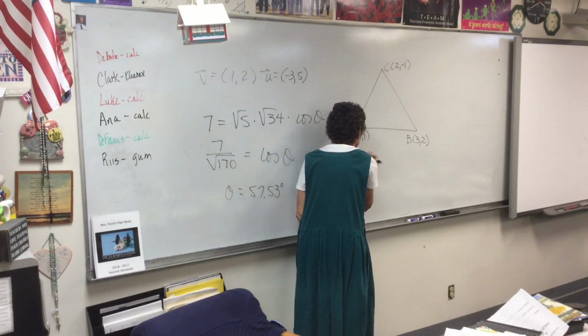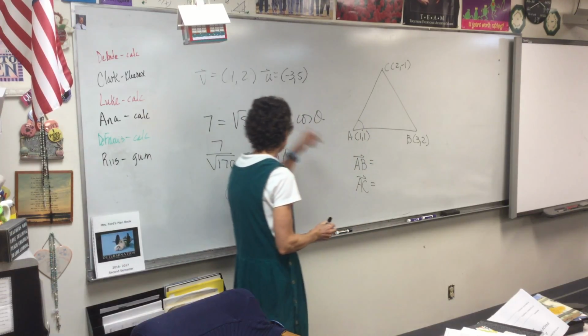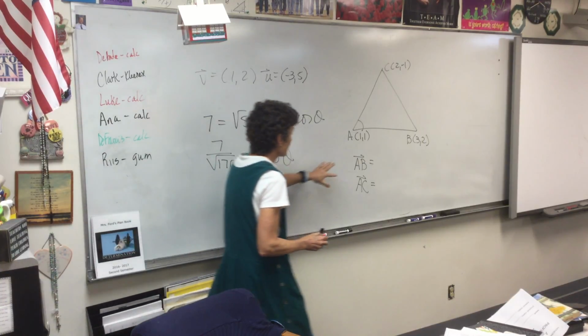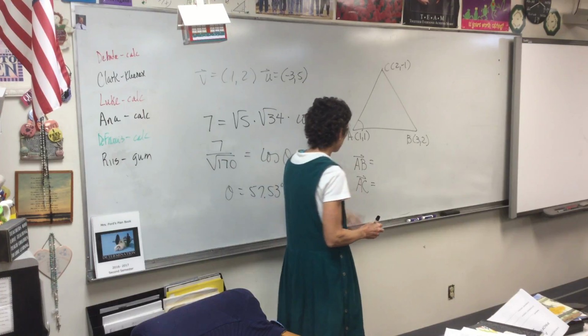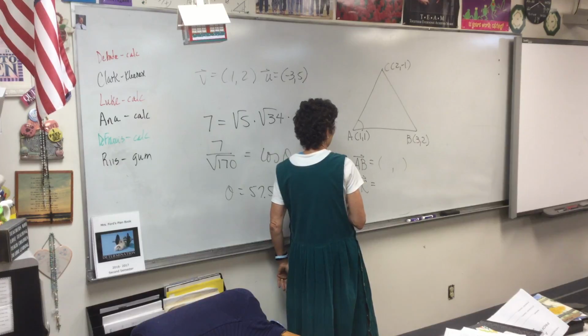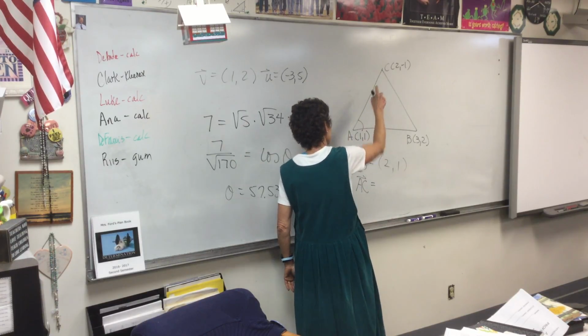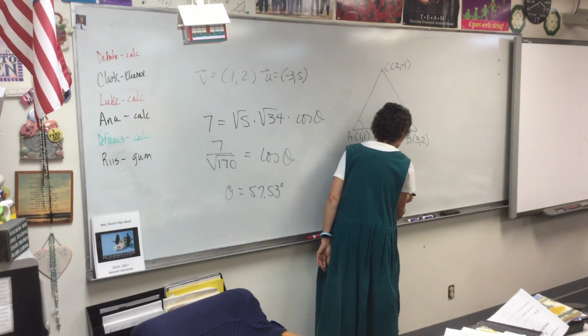AB and AC. So this is exactly the same as this problem, except you have to figure out what your vectors are first. So what's AB? A to B: <2, 1>. A to C: <1, -2>.